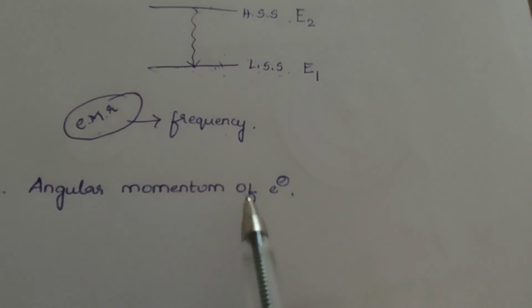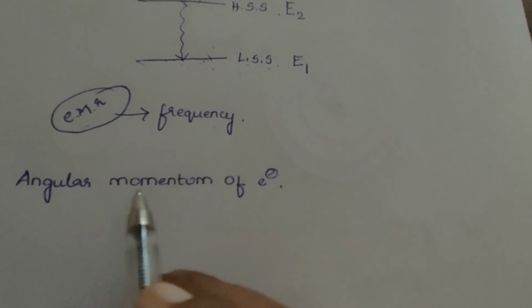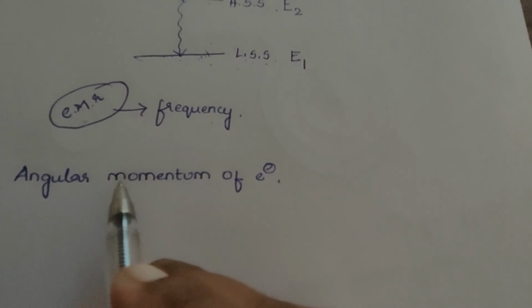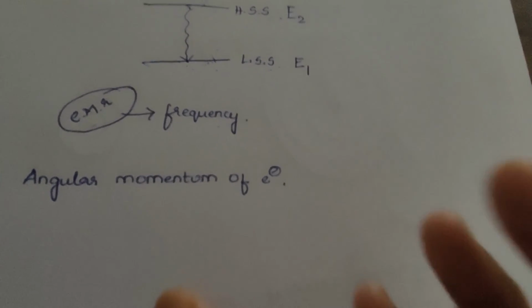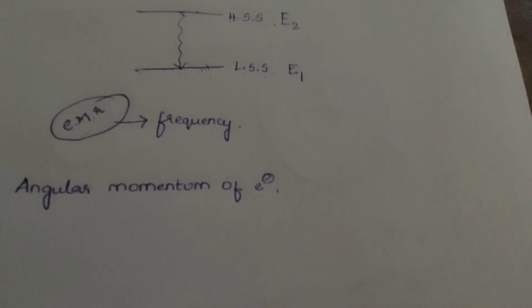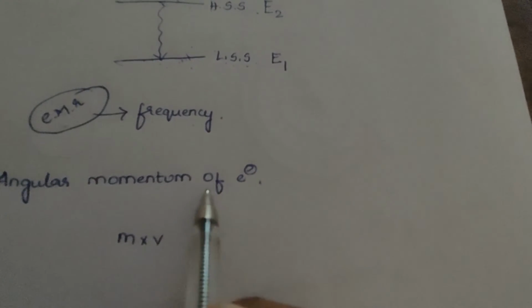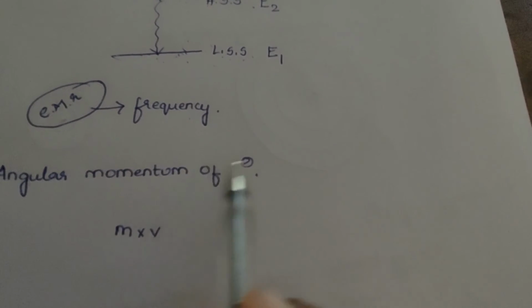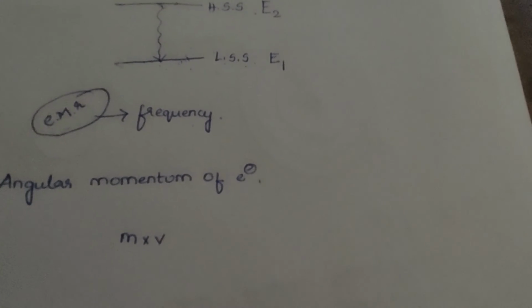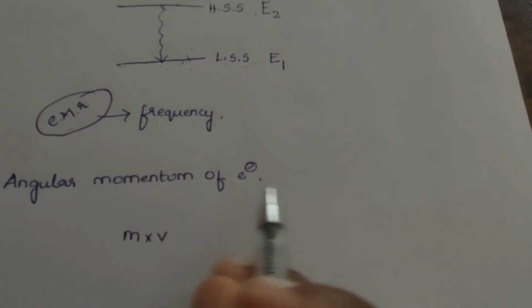Angular momentum of electron. Generally, momentum is a word used to describe a moving thing. That is, momentum is equal to mass into velocity. Here, the electron is moving in a circular path, so we are considering angular momentum.